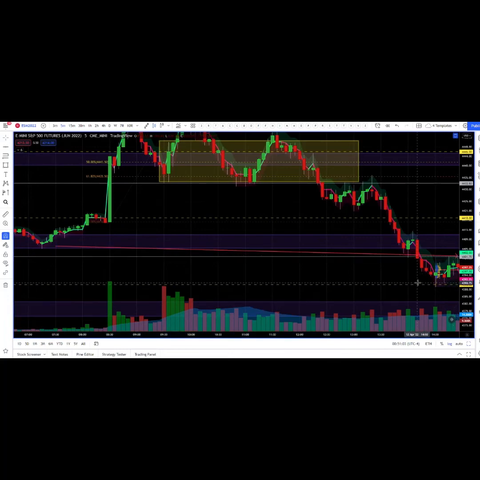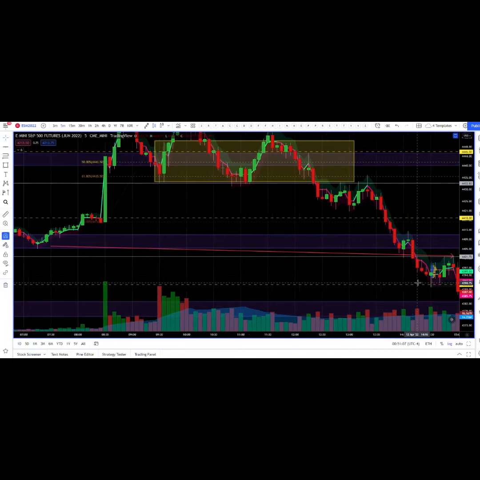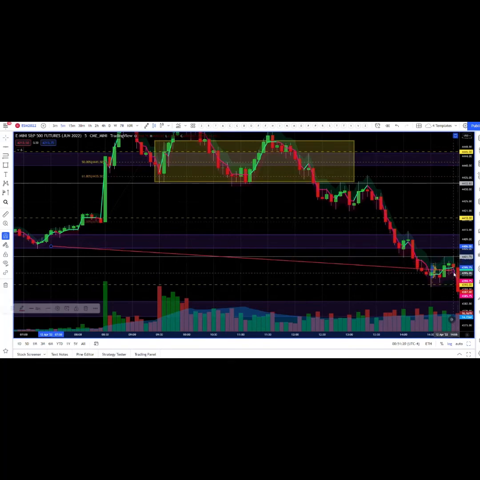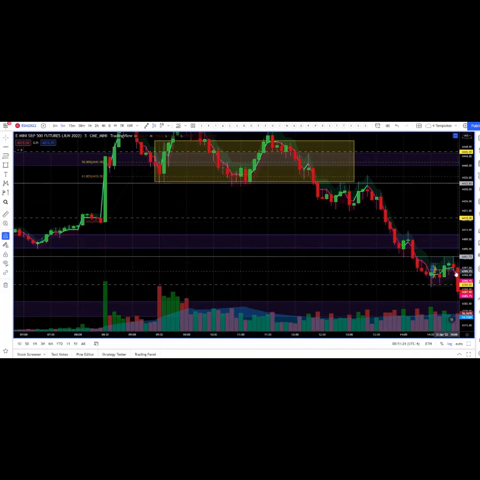I could buy it because it's confirmed at the VPOC. But when they immediately give it up, don't just buy it blindly down here, right? This becomes a short once this gets lost. Once that VPOC gets lost, it becomes a short.